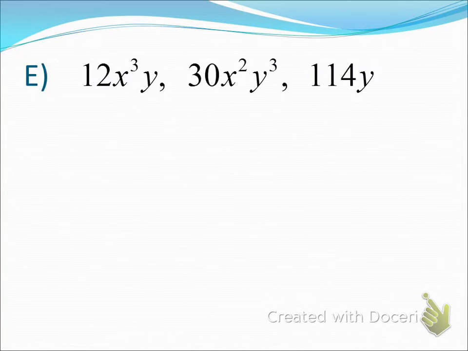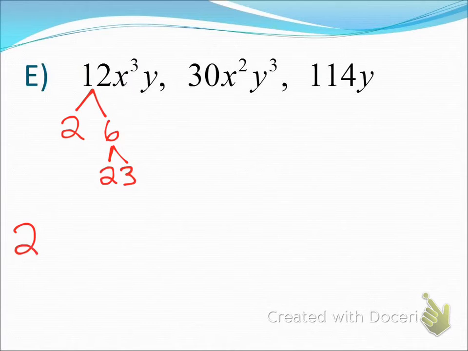All right, the last one of the day, and it actually has 3 numbers. But you do it the same way. How do I break up a 12? 6 and 2. 3 and 2.